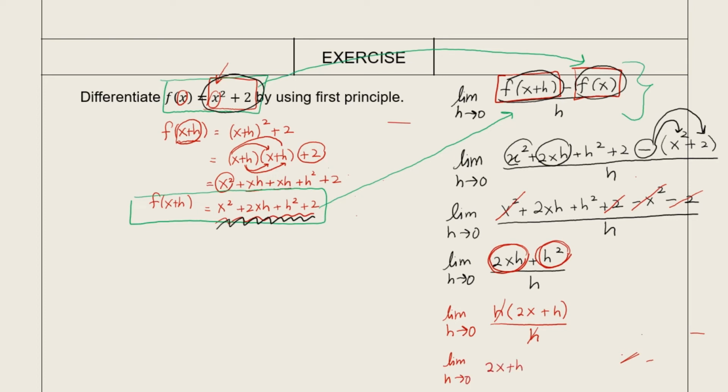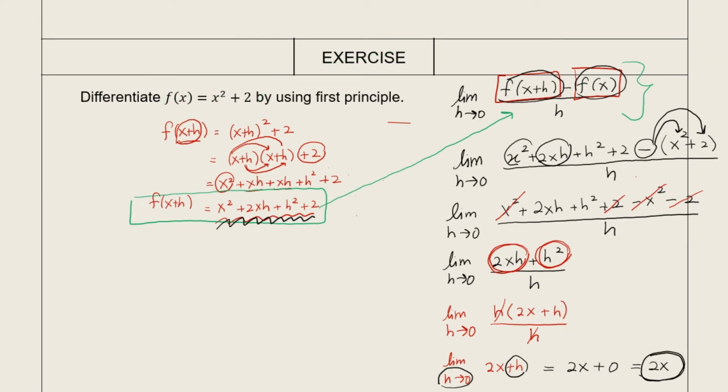So previously, when we learned the concept of limit, how to find the limit of a function, we just need to substitute the value of h equal to 0 inside our equation. So now we substitute the value of h equal to 0. We will have 2x plus 0 equal to 2x. So this one is actually the differentiation of the function f(x) equals x squared plus 2.